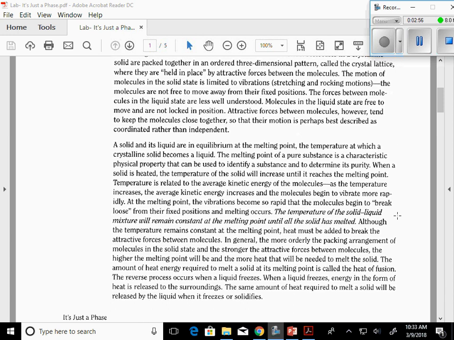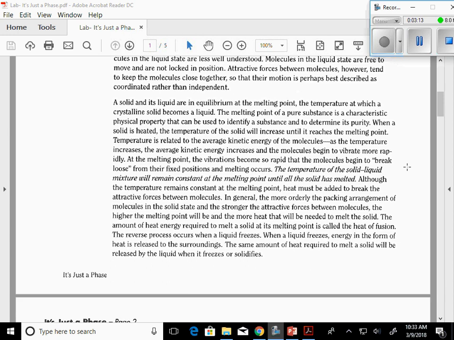However, the temperature is not increasing. The temperature remains constant until all of the solid has melted into the liquid. That's something a lot of people missed on the phase change Gizmo: at the melting point, the temperature remains constant.